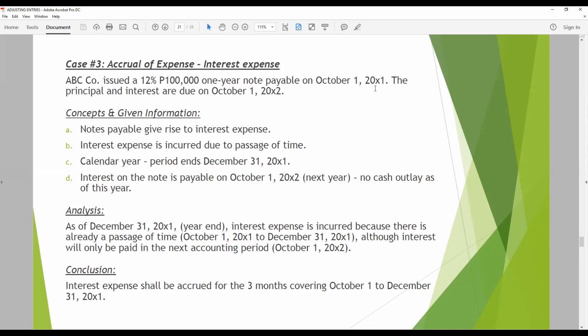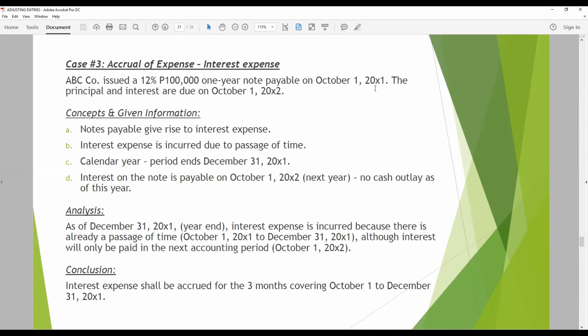So concepts and given information: notes payable give rise to interest expense. Interest expense is incurred due to the passage of time, and the calendar year period ends December 31. Interest on the note is payable in October next year, no cash outlay as of this year.